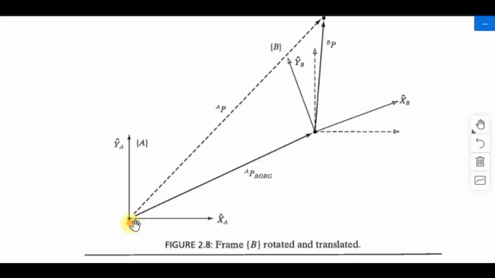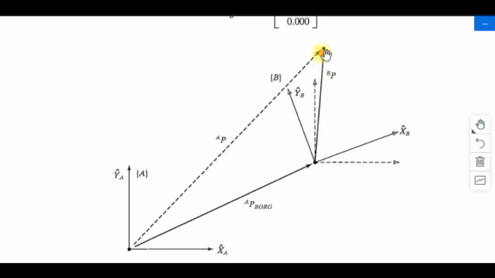So P is here, and we rotate this matrix. So BP is changed, and with respect to A we calculate this. The application means why we are doing this type of operation.